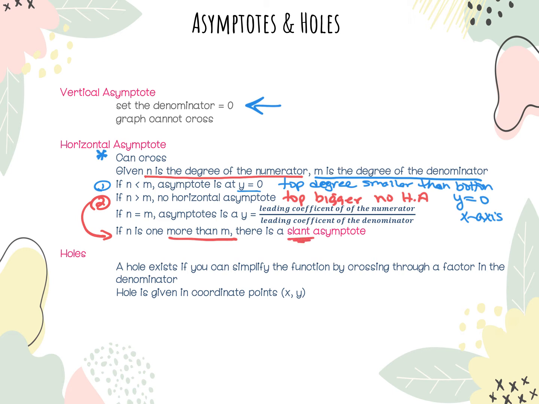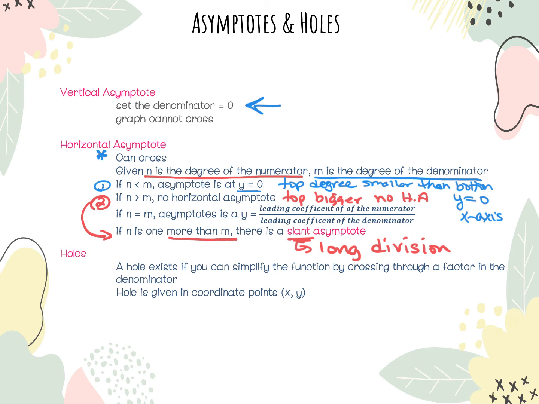So it's still no horizontal. But if the top is 1 more than the bottom, you will have a slant asymptote. And to find this slant asymptote, we're going to be doing long division. But we're not going to cover that today. Today we're only looking for horizontal and vertical.